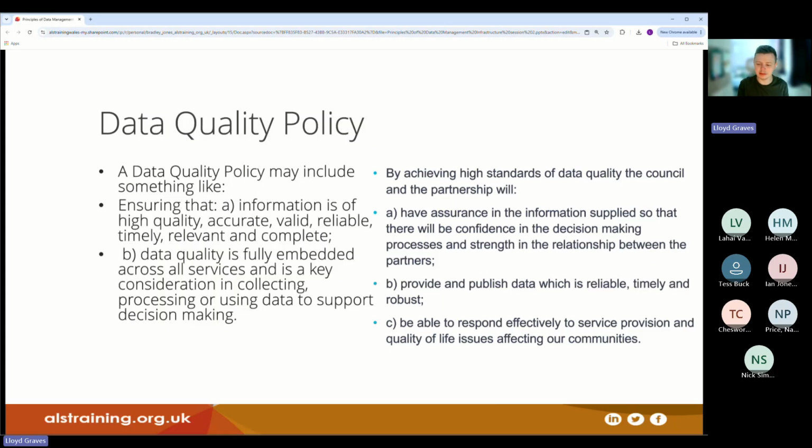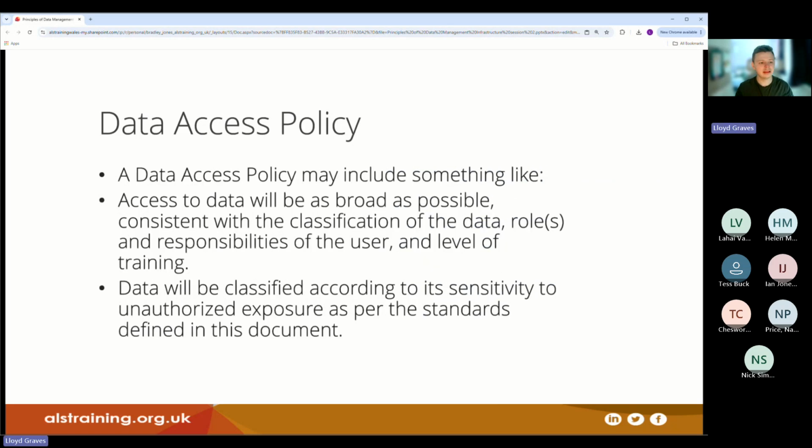I'd expect the policy to be along the lines of: this is what the data quality process is, this is how often it's carried out, this is who has to do it. But then also, what does that policy ensure? It makes sure that the data that we're using is always of a high standard, it's accurate, it's high quality, it's robust, it's delivered in a timely manner, all those sorts of things.